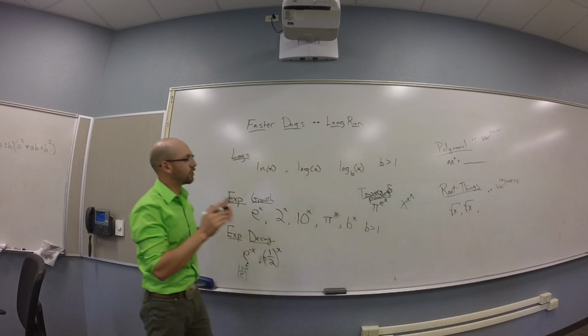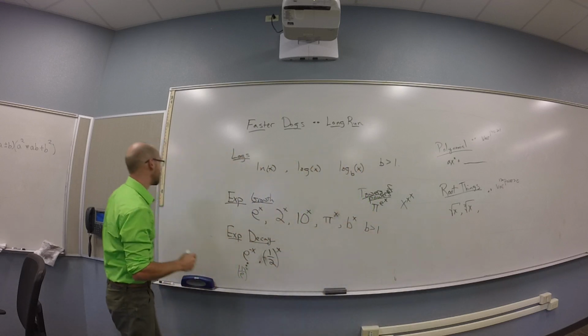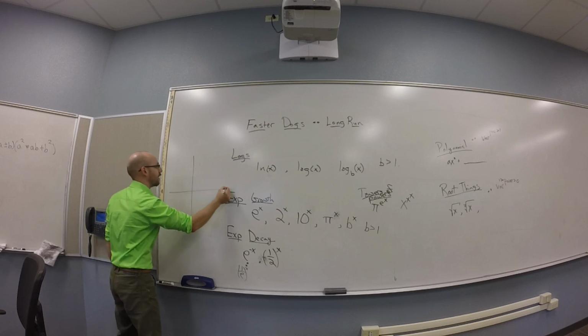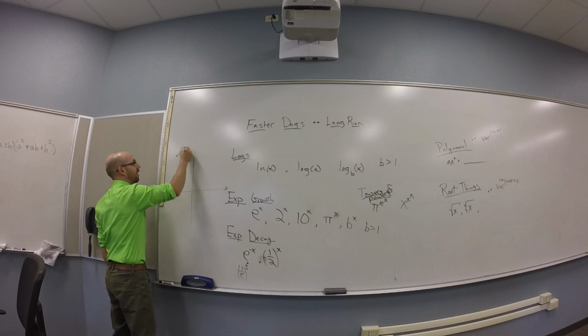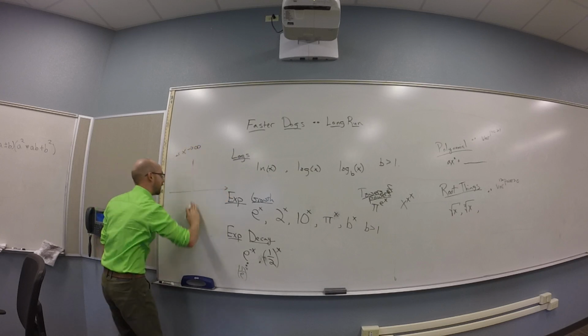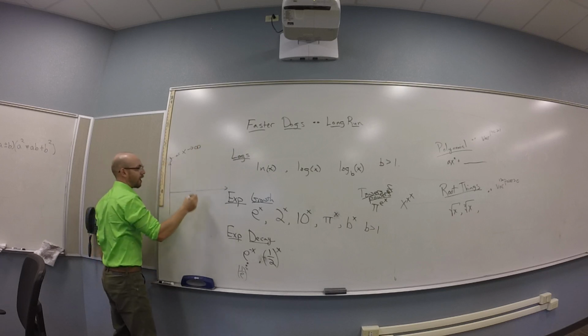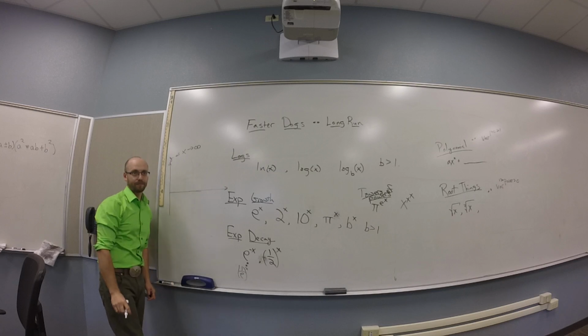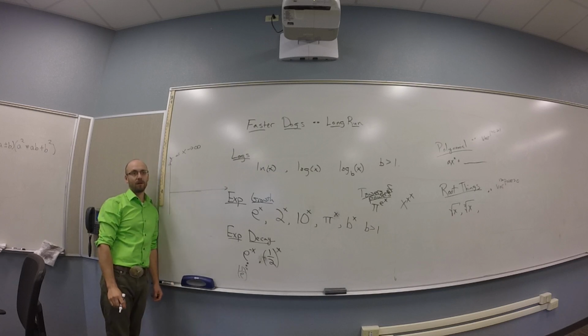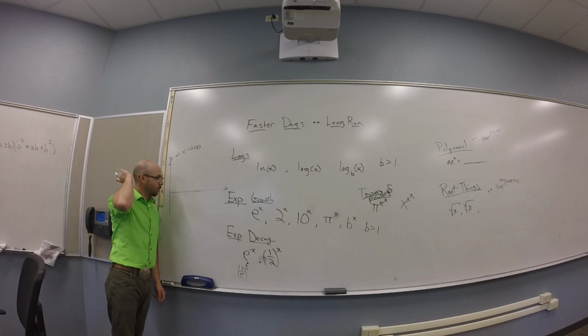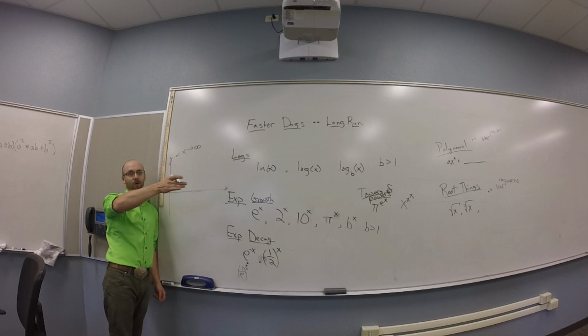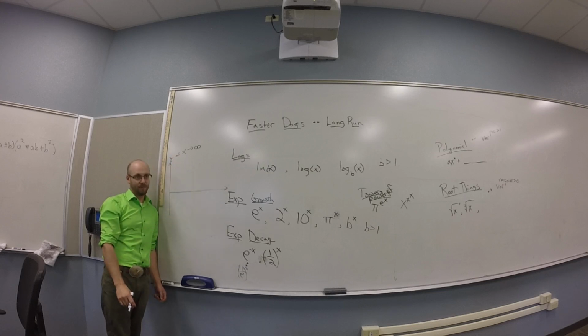But the idea is which of these grow the fastest as I send x to infinity. So as x goes to infinity, I may as well just put my y-axis over here. I'm not going to talk about the other side of that. So we're just talking about absolute values. If you hike way out right, which of these get biggest fast.